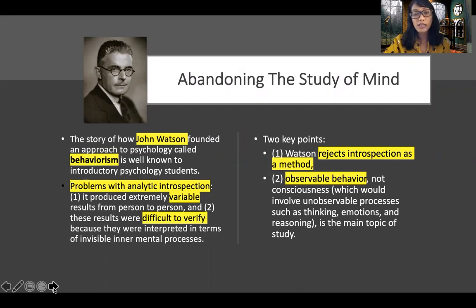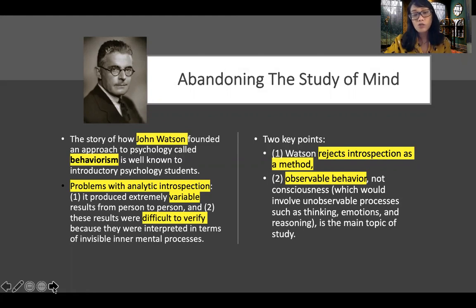The first is that analytic introspection is extremely variable, because it's subjective, because each person has different experience and opinion about their mind, about their thought process. And the results were also difficult to verify because they were interpreted in terms of invisible inner mental processes.